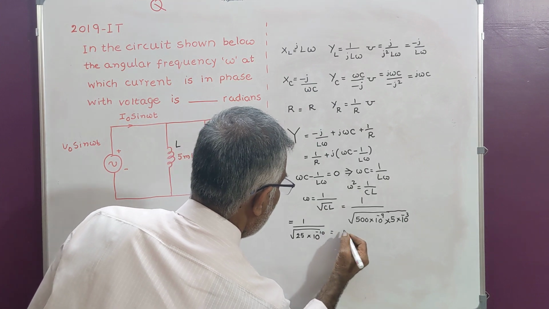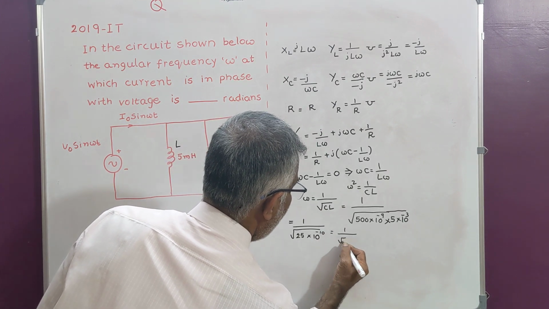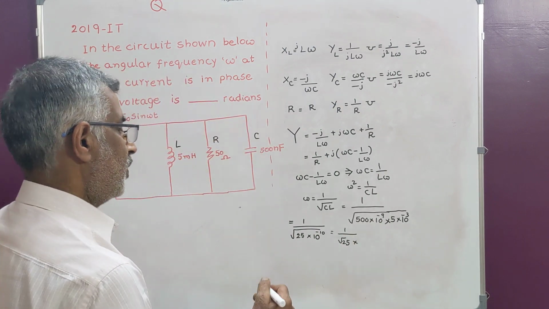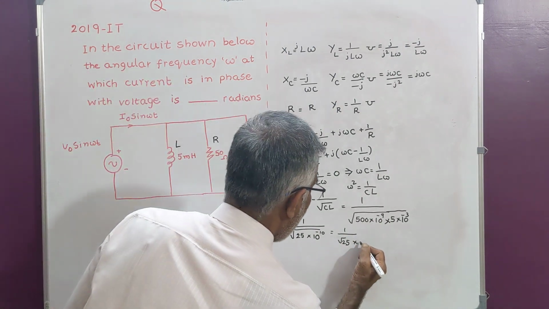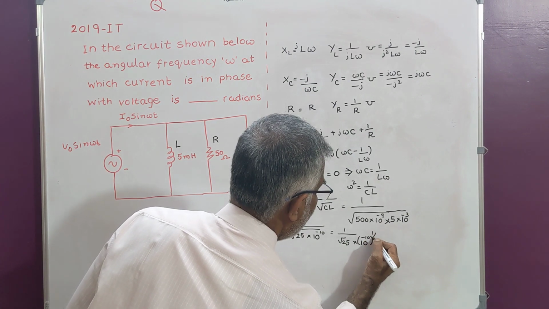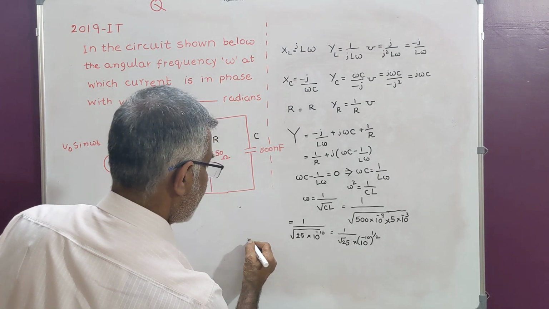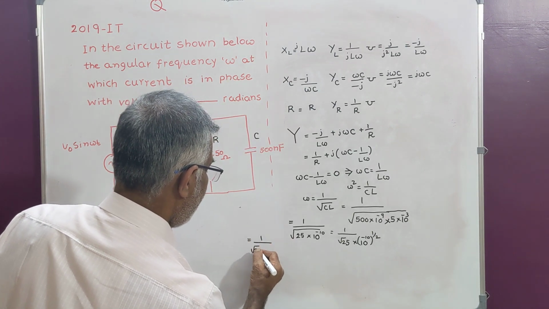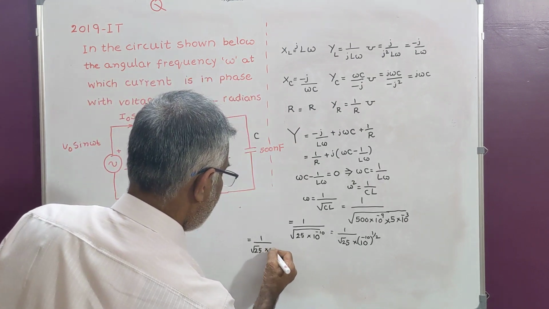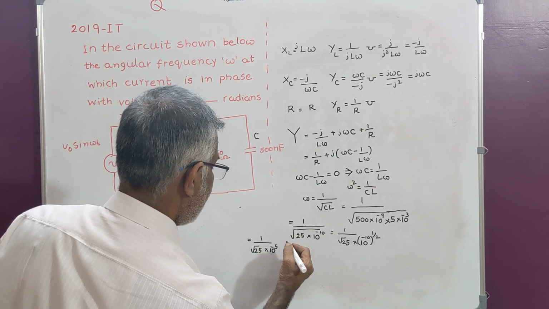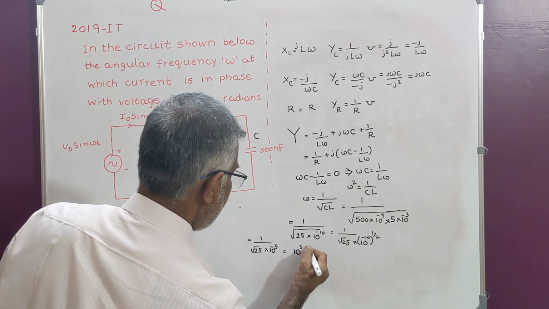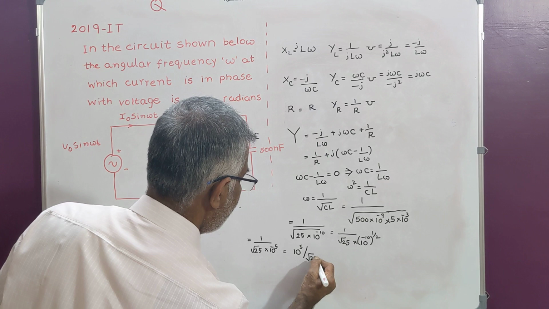That is equal to 1 over root 25 into 10 to the power of minus 10 to the power of half, that is 1 by root 25 into 10 to the power of minus 5, equal to 10 to the power of 5 by root 25.